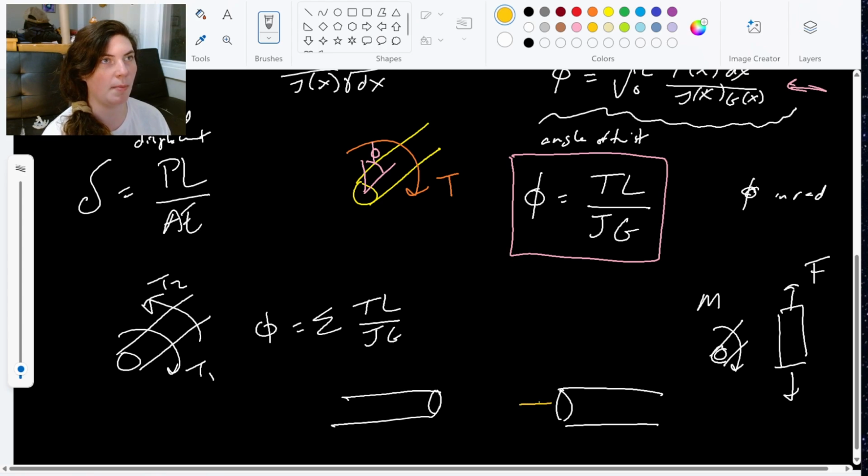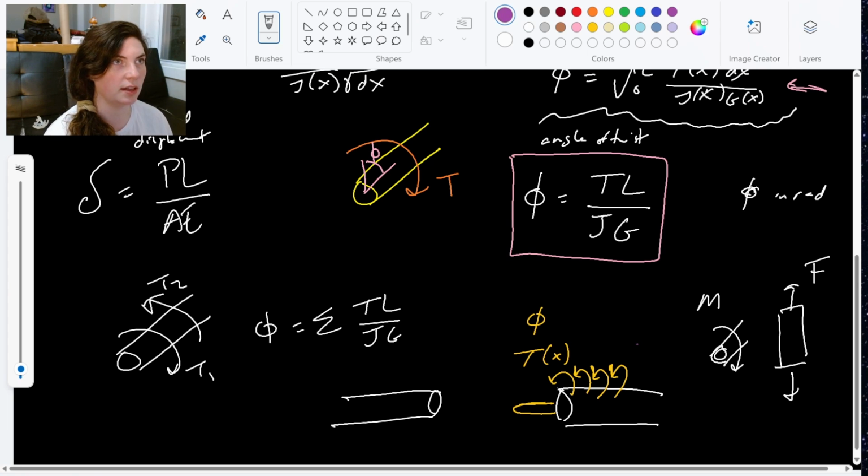I point my thumb out, and so the rest of my fingers curve around the top of that rod, as if I were grasping the top of it. There are my little digits, my grippers there. Right, so my thumb points out, and then the direction that my fingers go over the rod, this is the positive direction for torque. And it would be your positive angle of twist as well.